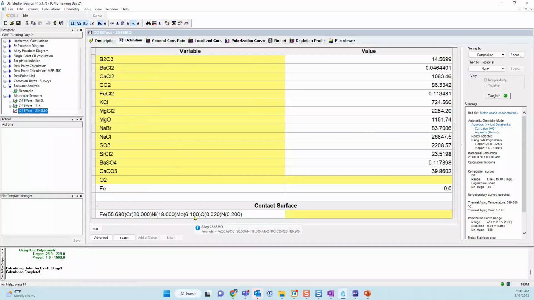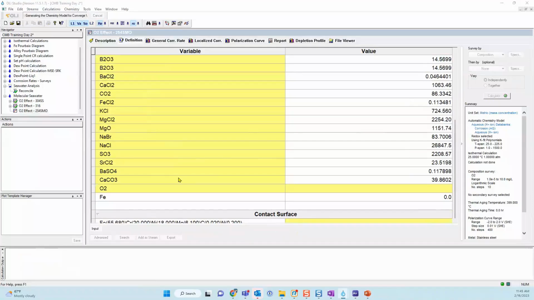Because as soon as a pit is happening or as soon as the passive film is damaged, the molybdenum kind of helps repassivate the surface again. So maybe this molybdenum is what is having a huge impact on, or we don't know, we will see. But this molybdenum could have a good impact on the corrosion resistance of this alloy. So we change it to this alloy, and then we click on calculate.